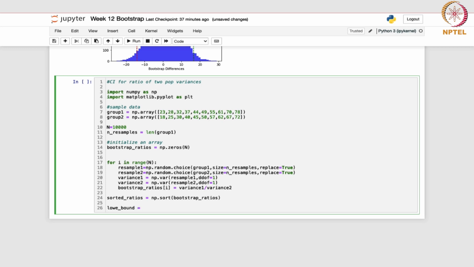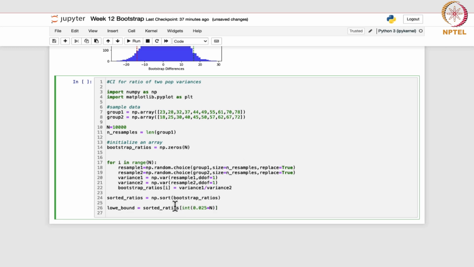So the lower bound would be sorted_ratios at the integer part of 0.025 of n, that is 2.5% of n.